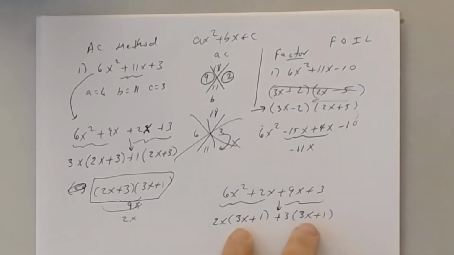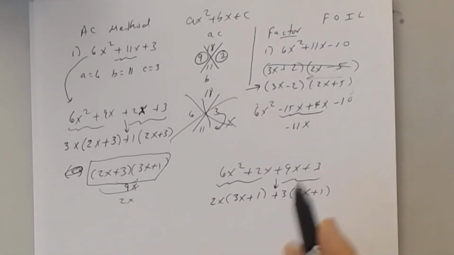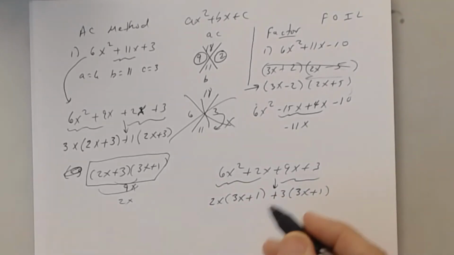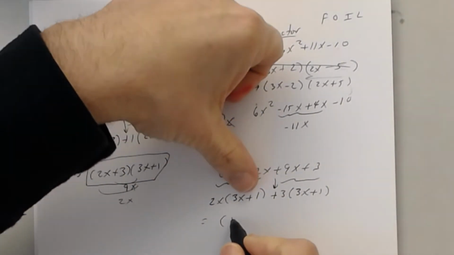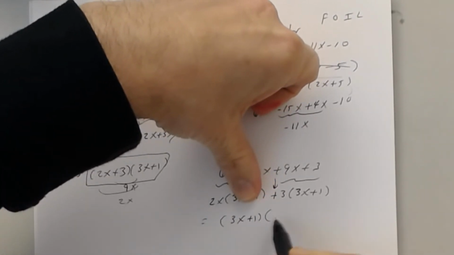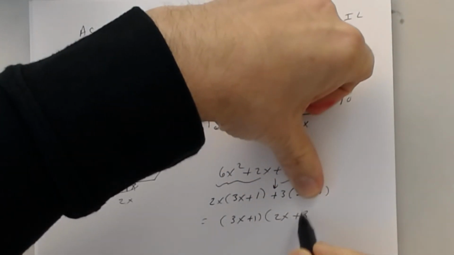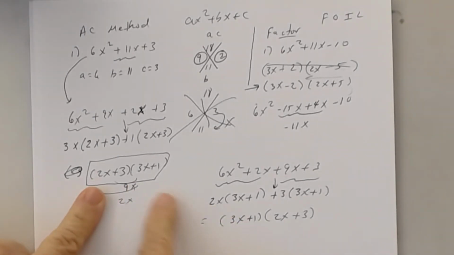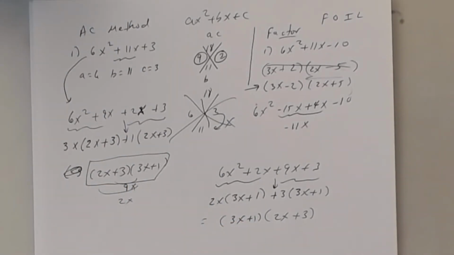And if you do this correctly, these two should be the same, right? So now you're going to factor out the 3x plus 1. If I factor out the 3x plus 1, what's left over here? 2x plus 3. Is that the same thing? Yeah. All right. So it does not matter.